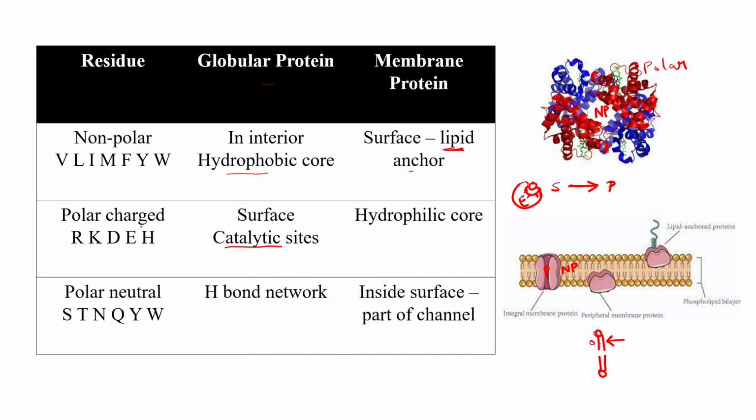That's why polar charged amino acids are at the surface and are generally present in catalytic sites. And for membrane proteins, they are present in the hydrophilic core, that is the inner part of the membrane protein. Then polar neutral amino acids are also polar, hydrophilic molecules, but they are neutral and don't have any charge. What are those amino acids?